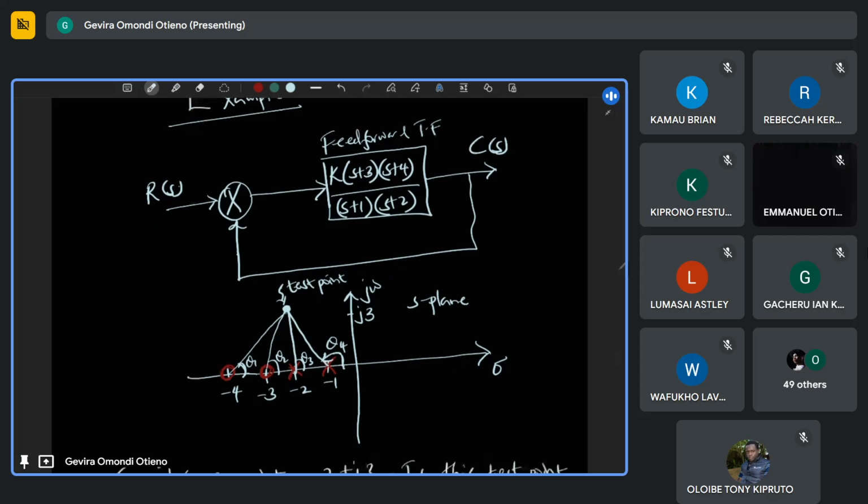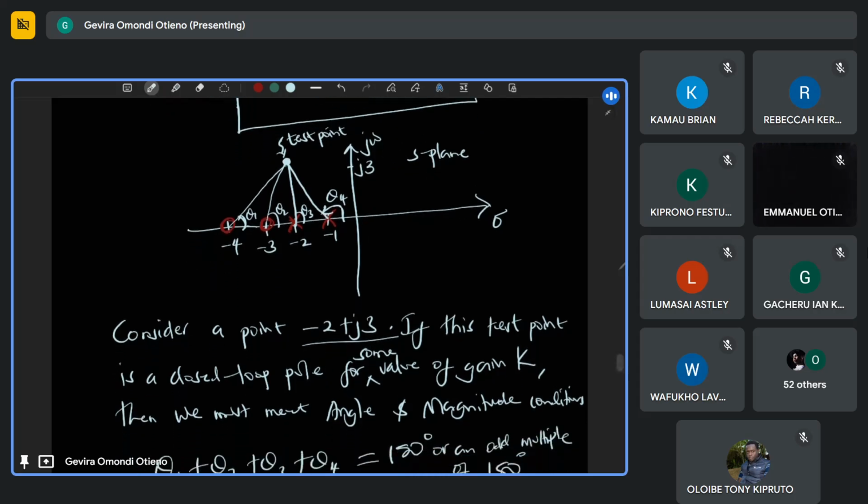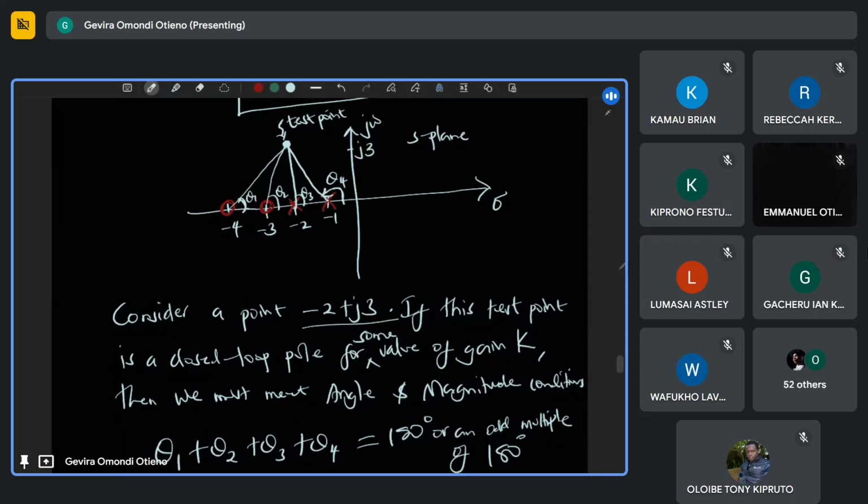We are to test whether the point, the question was, we consider a point -2 plus j3. So that becomes our test point, because it's the point we have to consider. It's the point we have to plot on our S-plane, and you can see it is -2 plus j3. So we are asked, if this test point is a closed loop pole for some value of K, we must test it for both the angle and magnitude condition.